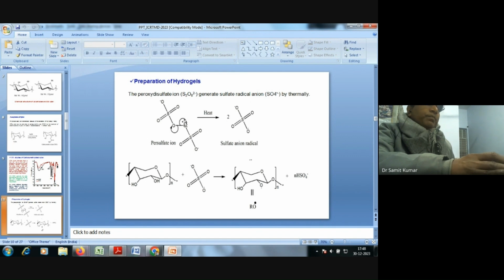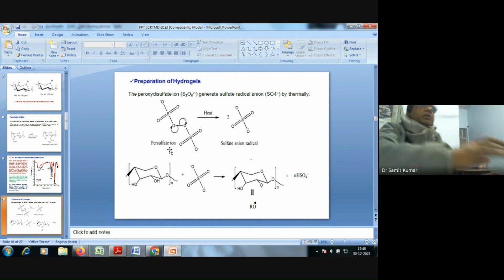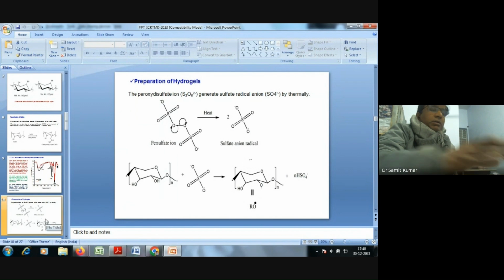For the synthesis of hydrogel, firstly we choose the persulfate ion, and it is decomposed by heat into the radical form. This anion radical abstracts the protons from Xylan to form Xylan radical.